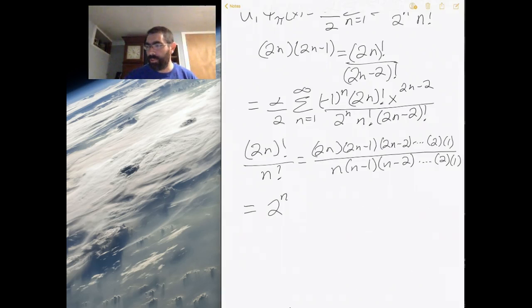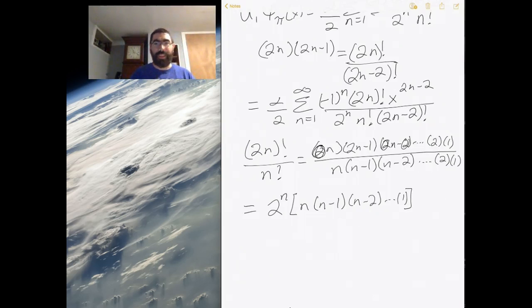I take the 2's out of the even terms right here. I factor that out, and I get 2 to the n times n, n minus 1, n minus 2, dot dot dot, all the way down to 1.